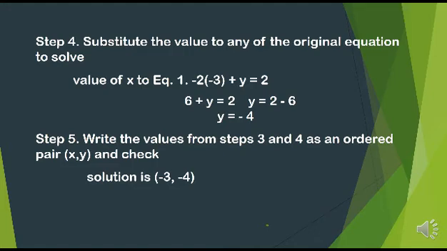Step 5, write the values from steps 3 and 4 as an ordered pair (x, y). So the solution set is (negative 3, negative 4).